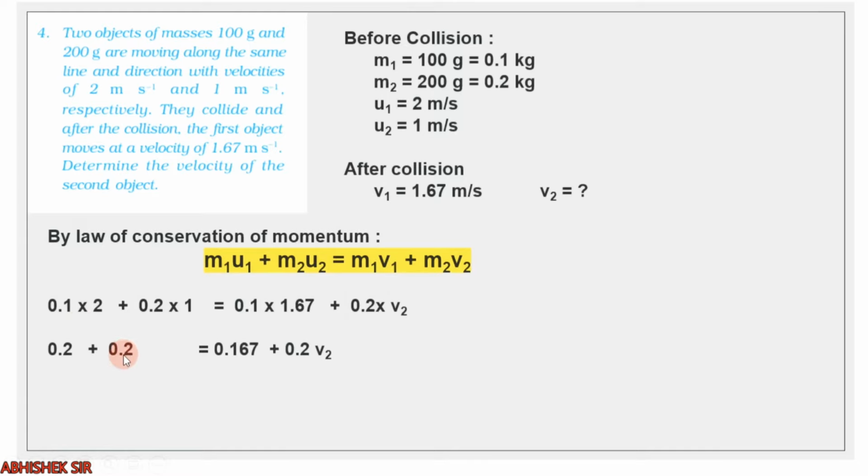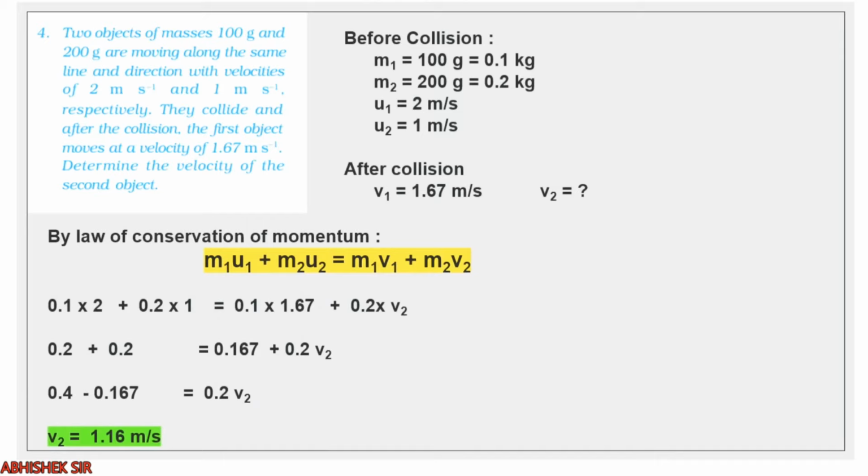Now if you solve both, 0.1 into 2 is 0.2, 0.2 into 1 is 0.2. Over here, 0.1 into 1.67 gives 0.167, plus 0.2 V2. We add these two on the left, so it becomes 0.4, and take 0.167 to the other side as minus. To find V2, 0.2 moves over and goes in the denominator.